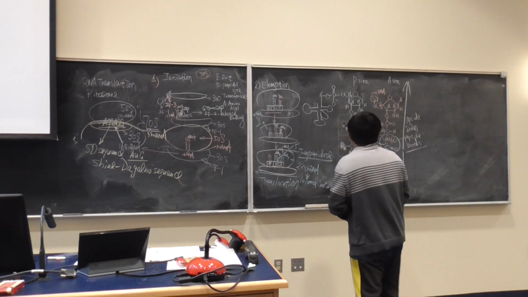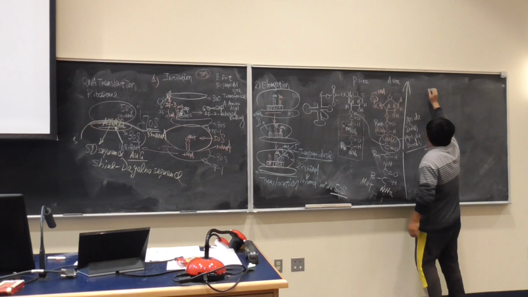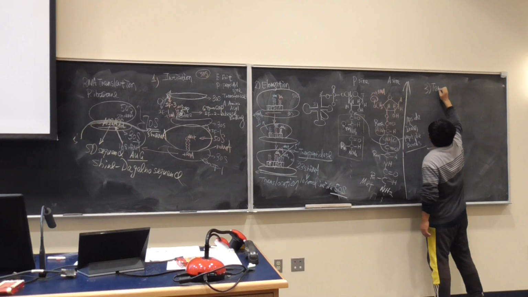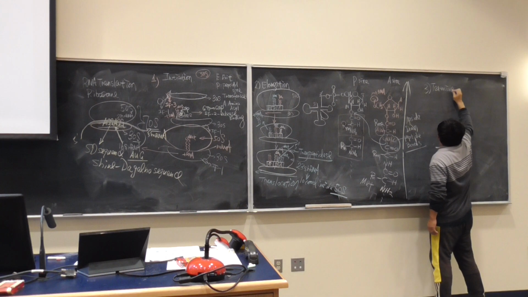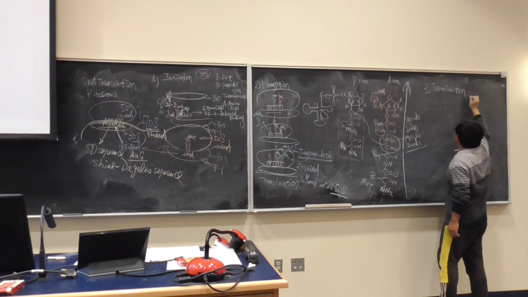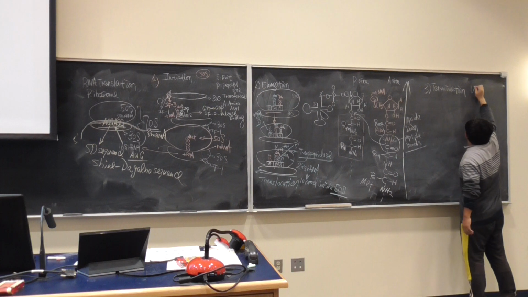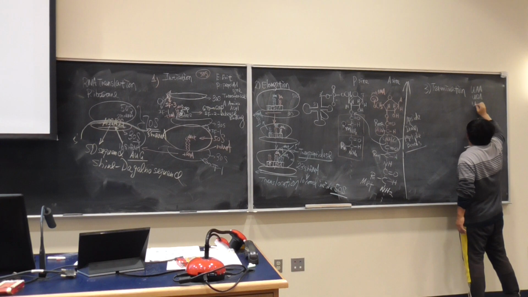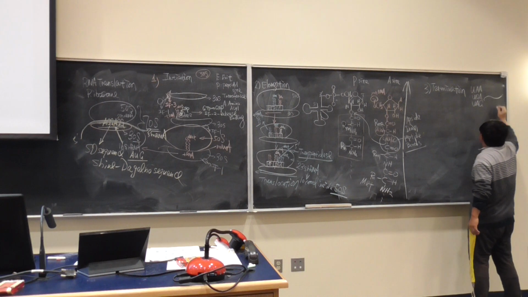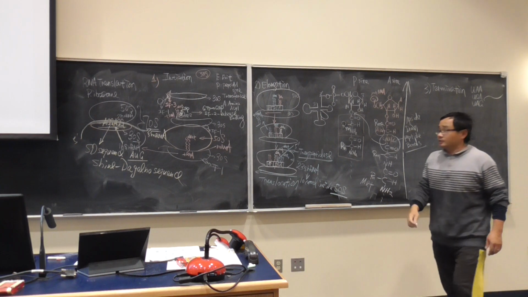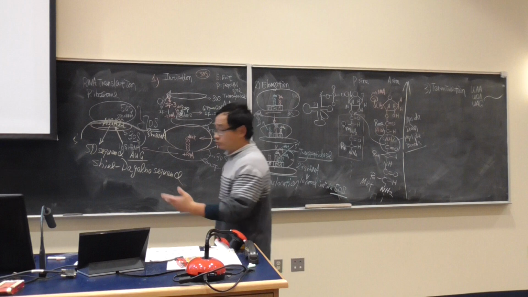Now the last one, termination. Termination is easy, because we already see you have a stop codon, UAA, UGA, and UAG, then the amino acid sequence will be released.